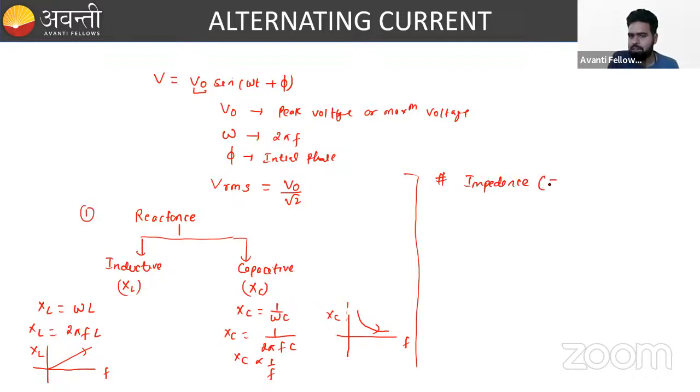Impedance is represented by the letter Z, and it is written something like a vector, not exactly a vector. On the real, horizontal axis we represent our resistance, and on the vertical, imaginary axis in the case of alternating current, we represent XL and XC.